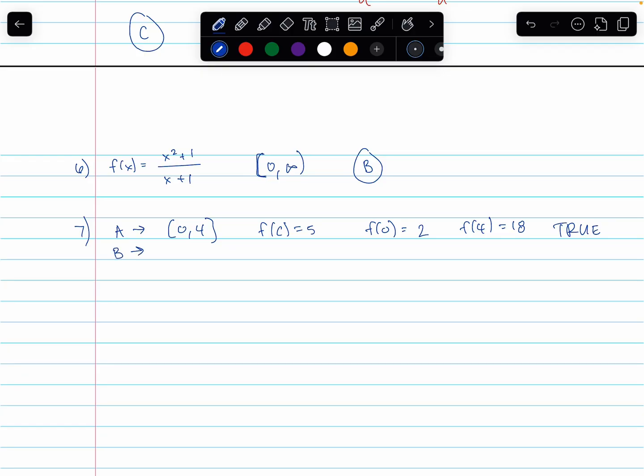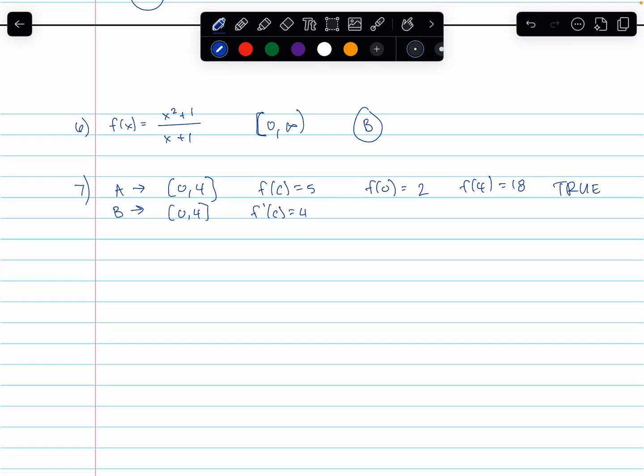So for B, the mean value theorem applied to f on the interval from 0 to 4, such that f prime of c is equal to 4. Let's check the average rate of change. So the average rate of change on that interval is going to be 18 minus 2 over 4 minus 0. 18 minus 2 is 16, right?